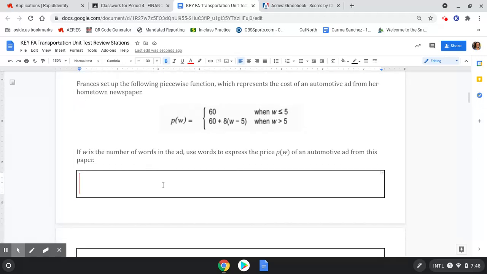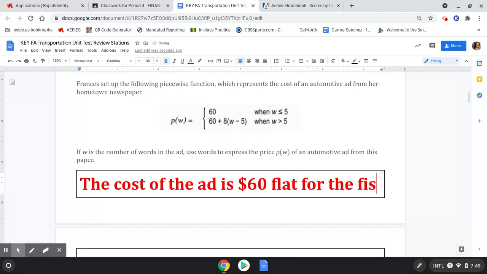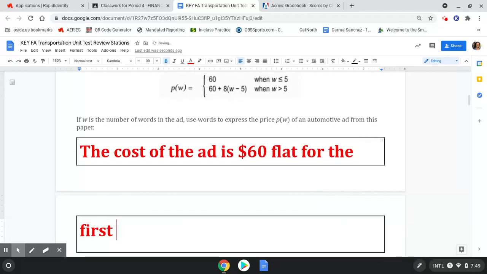So here we go. Starting with words, we're going to say the cost of the ad is $60 flat for the first 5 lines. Where does that 5 come from? If you look up here, it's when W is less than or equal to 5.